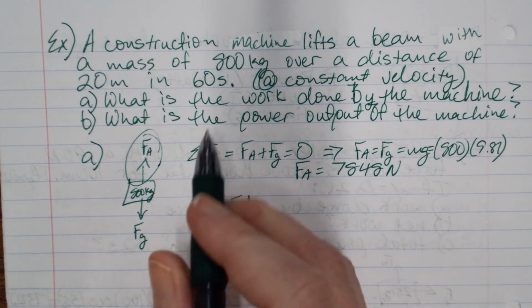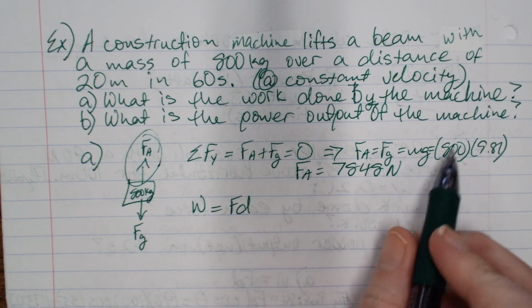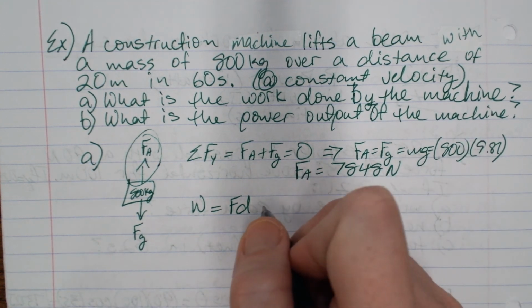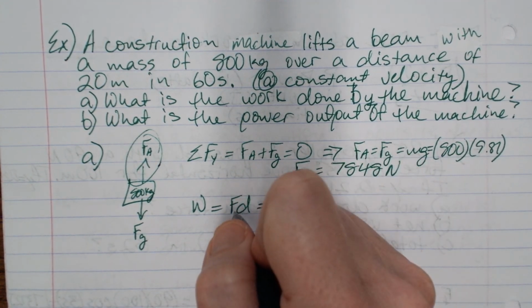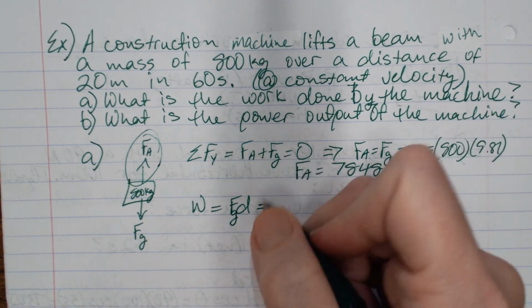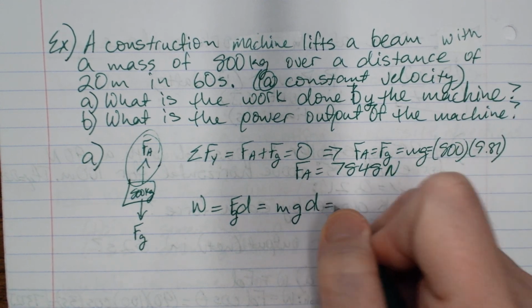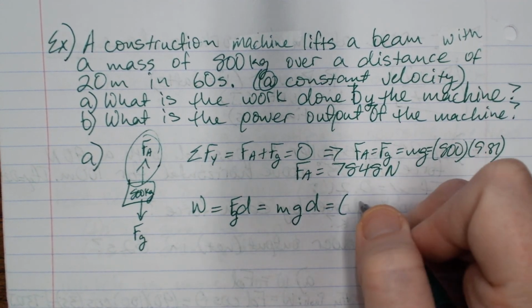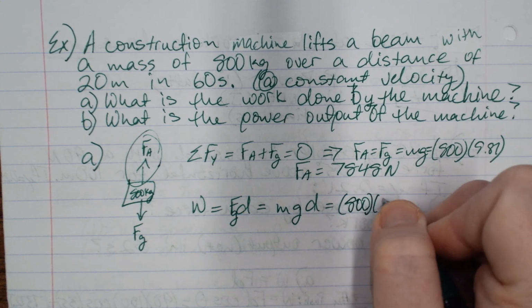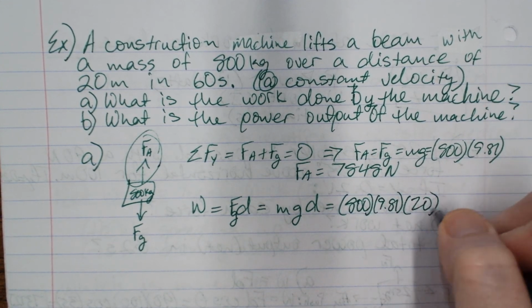Well, my work is equal to force times distance. Now, this is moving in the vertical, so there's two ways to do this. Either you calculate your force applied separately like I did, or this is the force of gravity that it's working against because it's lifting. So you can literally call this mgd, and plug it in there. So it'd be 800 times 9.81 times your displacement, which is 20.